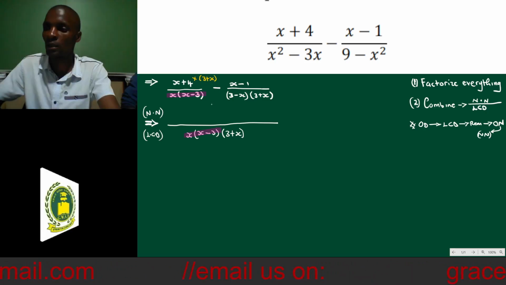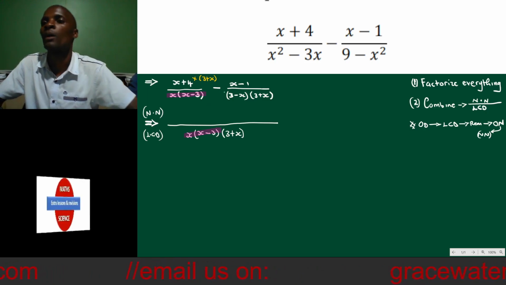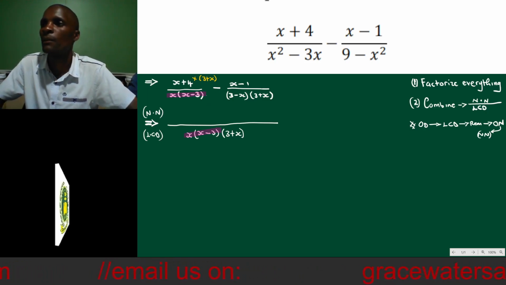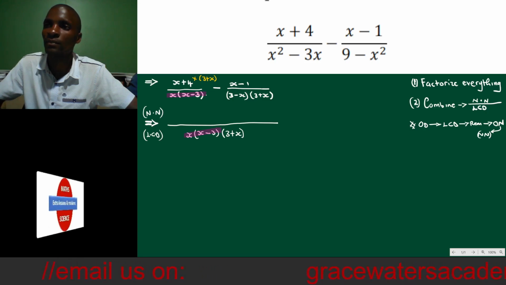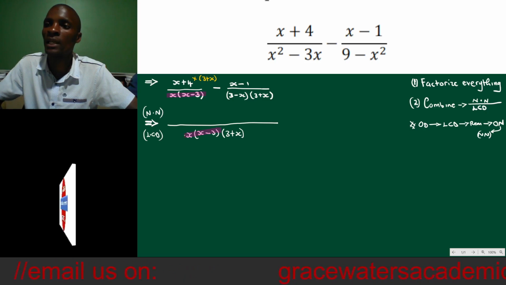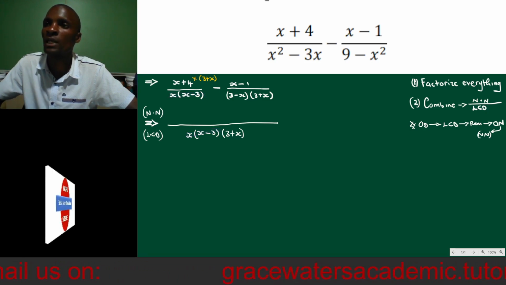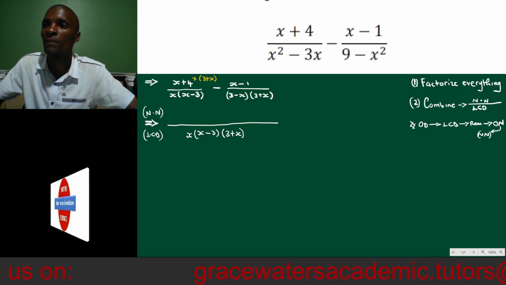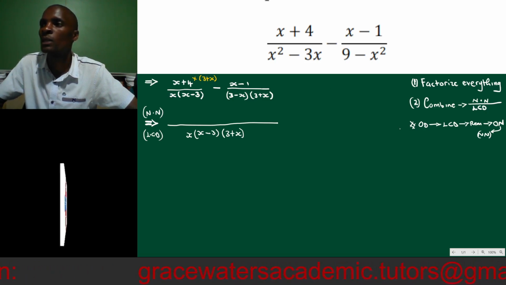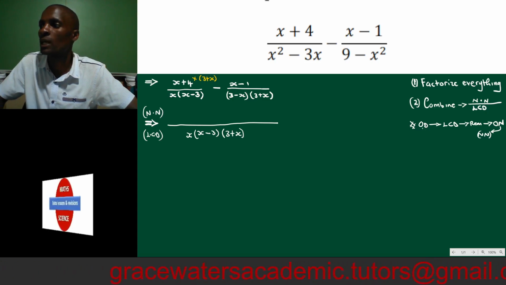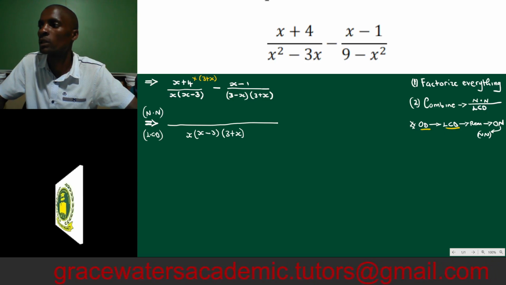Let me repeat so that you can understand, guys. Let me remove this. I just want to explain how I got this multiplication by 3 plus x. The first thing, old denominator into the lowest common denominator.